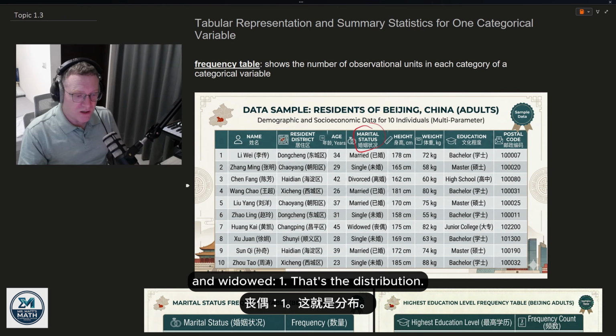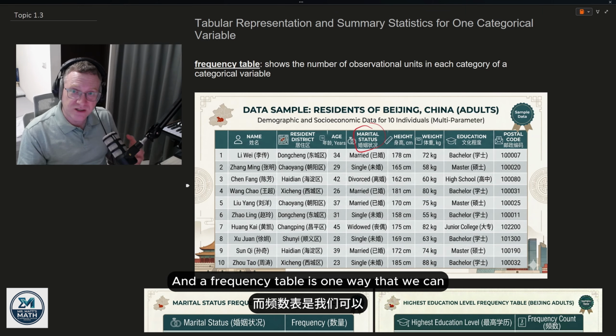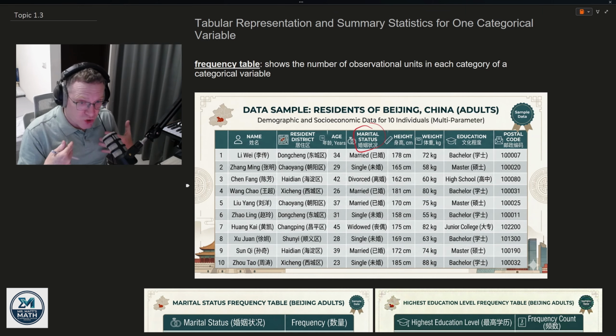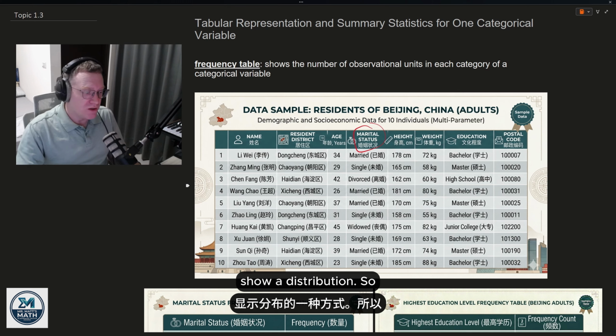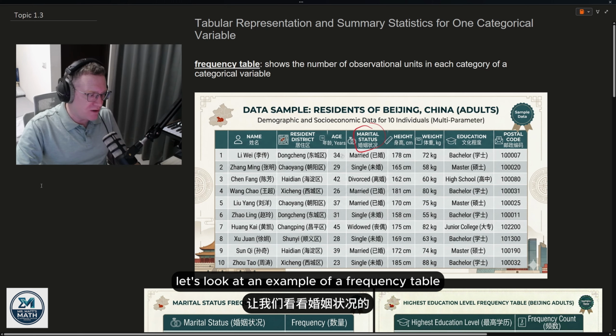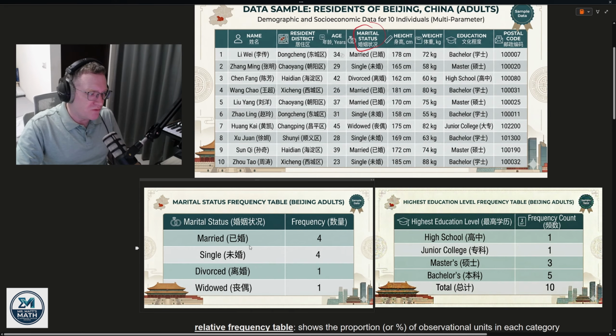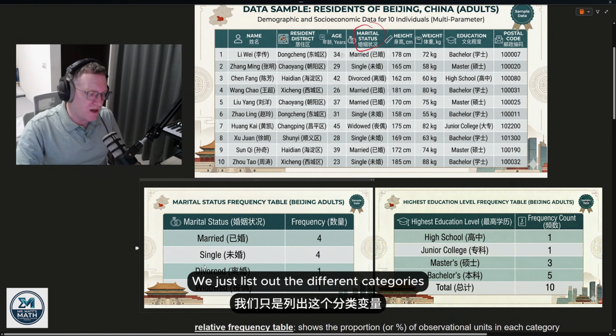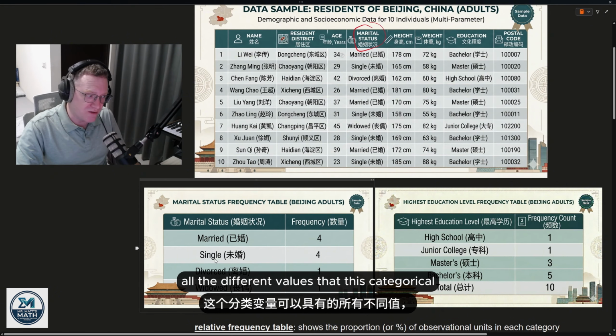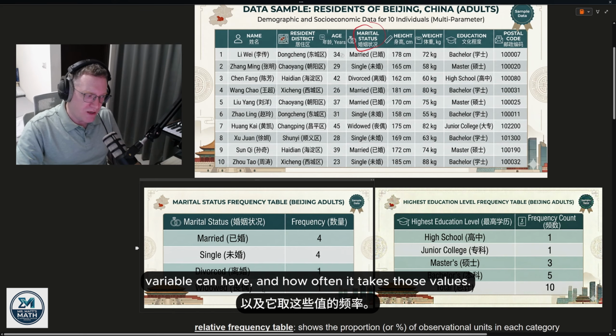That's the distribution. And a frequency table is one way that we can show a distribution. So let's look at an example of a frequency table for marital status. So here it is, very simple. We just list out the different categories that this categorical variable could have, all the different values that this categorical variable can have, and how often it takes those values.